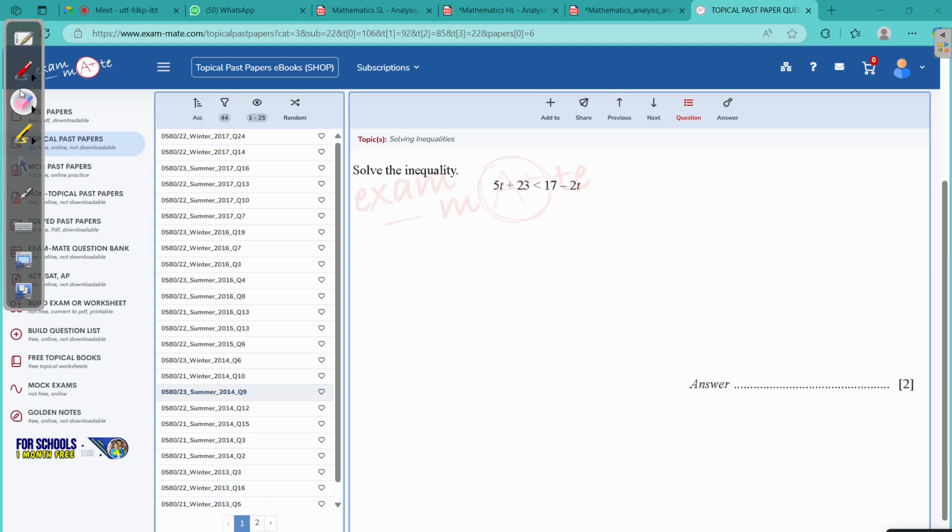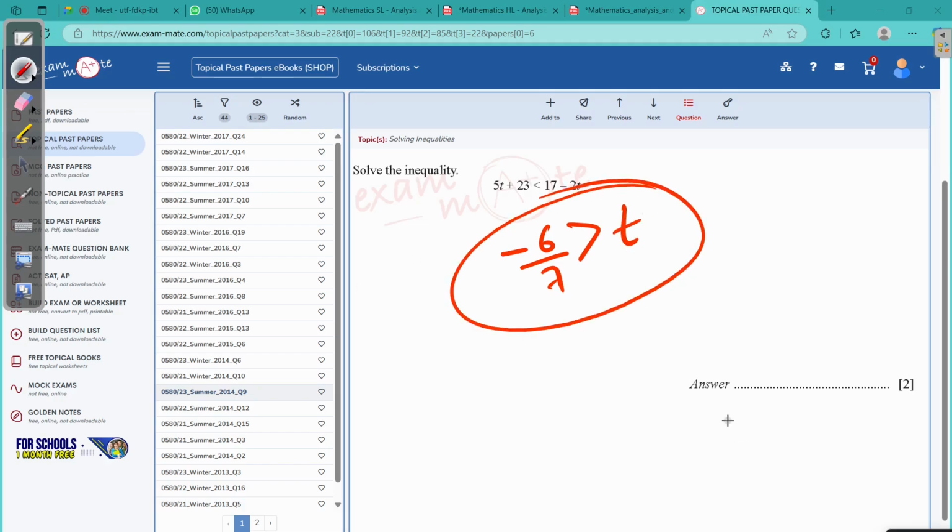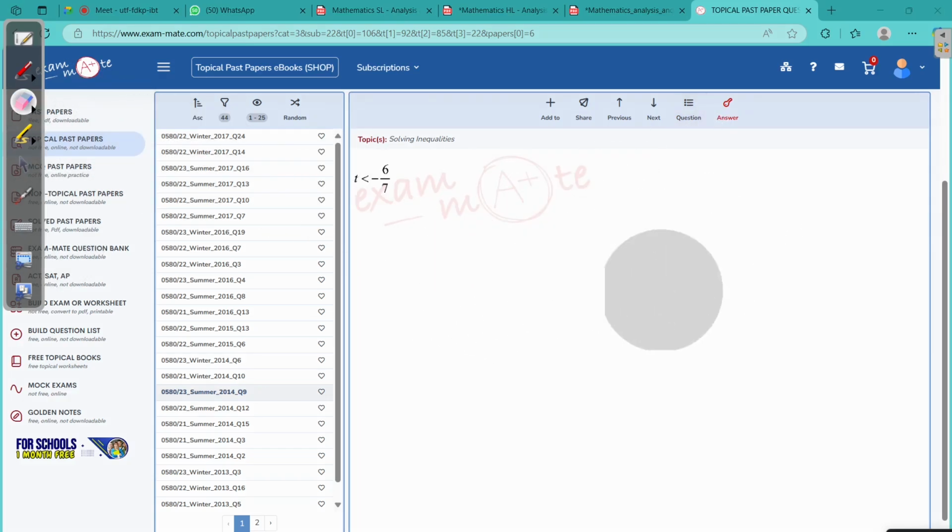So it'll be minus 6 over 7 is greater than t. Minus 6 over 7 greater than t. Should I lock it? Yeah. Correct. Very good.